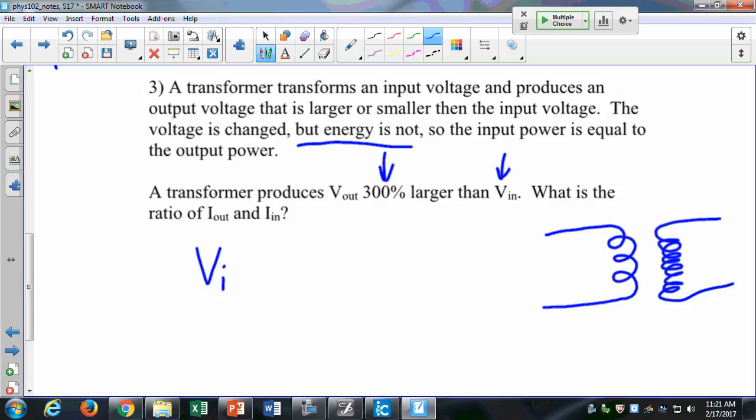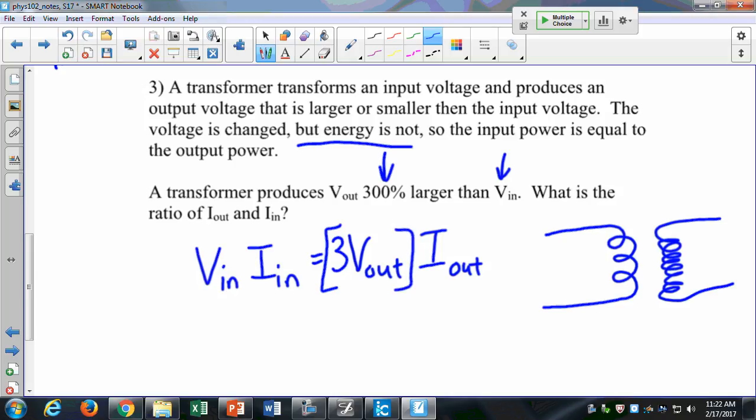I get Vin times Iin is equal to Vout times Iout. That's to say that the power isn't changing, or the energy doesn't change. But this is telling me that Vout is increased by a factor of 3, because it's 300% larger.